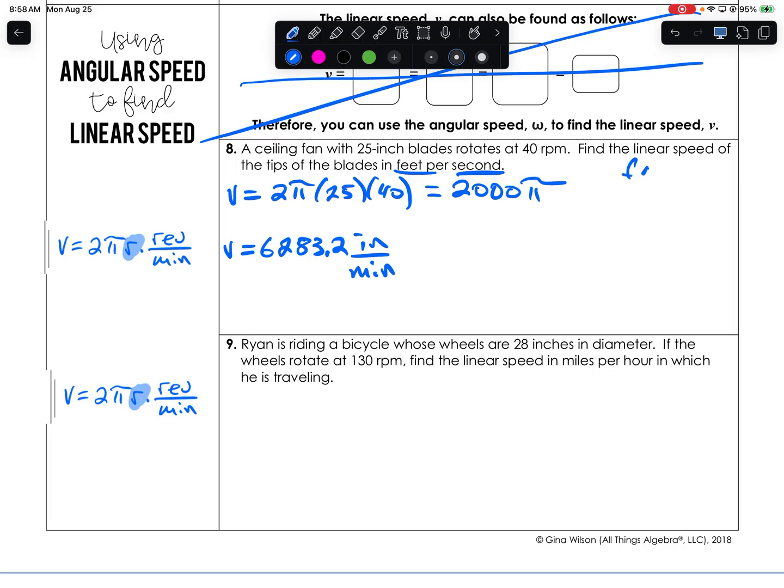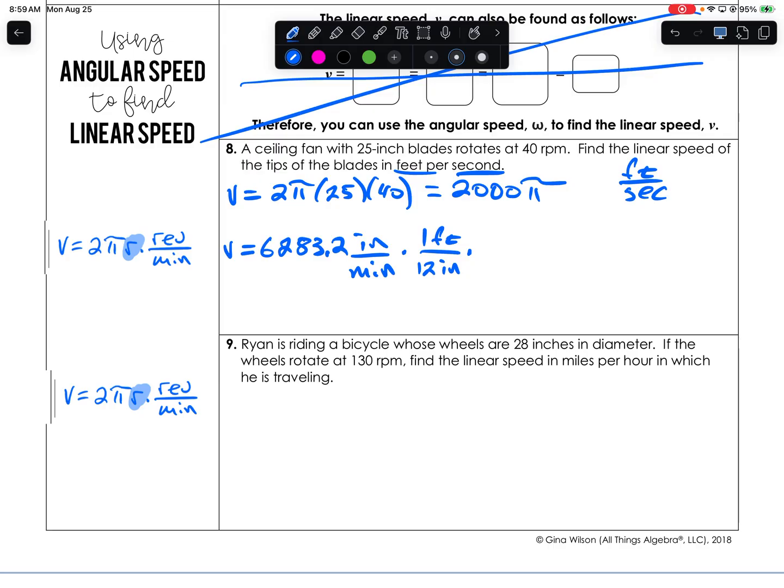So you could write the units you're trying to get to over here, and it'll kind of help you. So what do you want to multiply first? Inches. So we'll do 1 foot is how many inches? 12 inches. Good job.